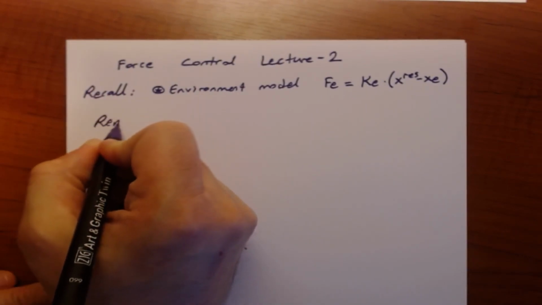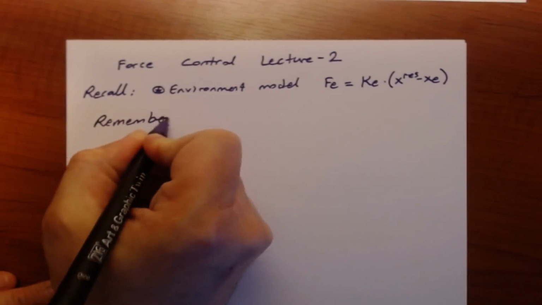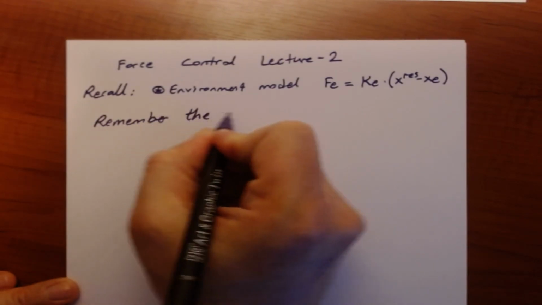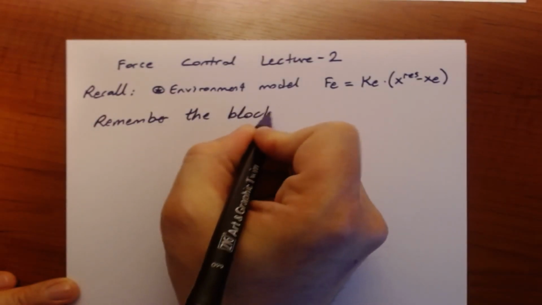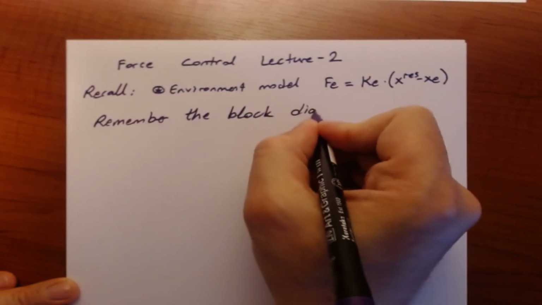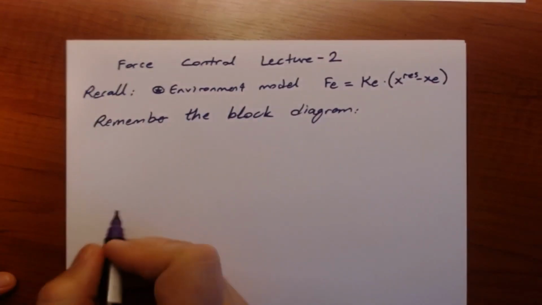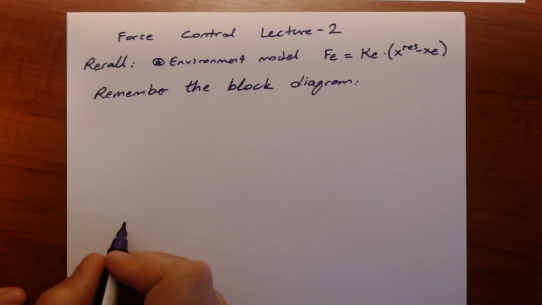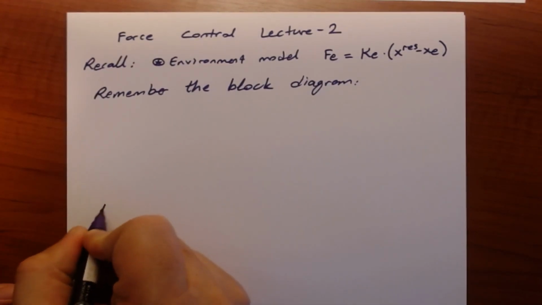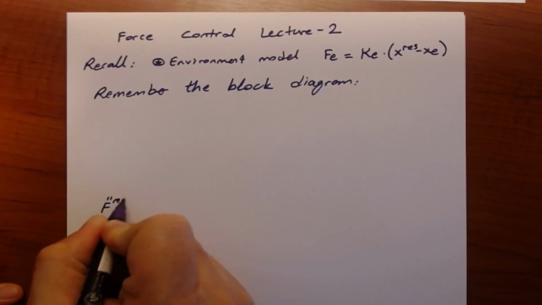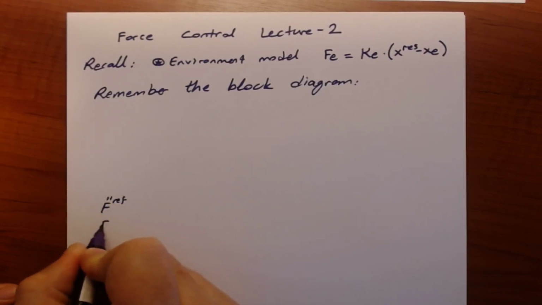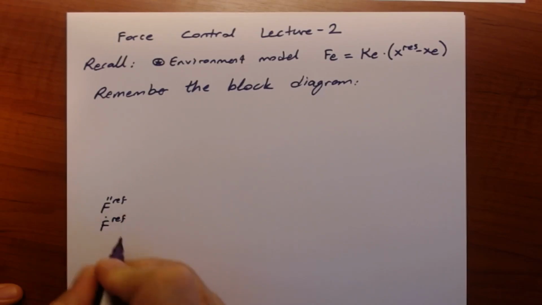So remember the block diagram. We had something like this. So we had F double dot reference, F dot reference, and F reference.